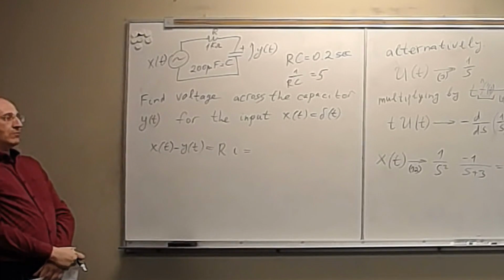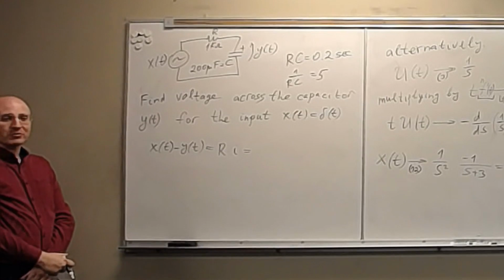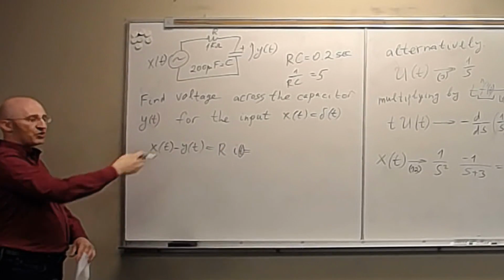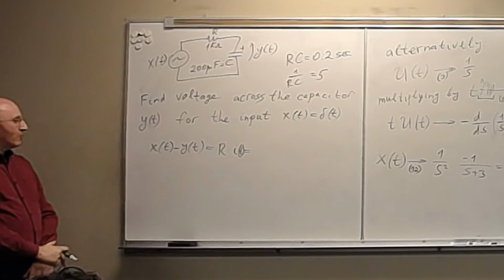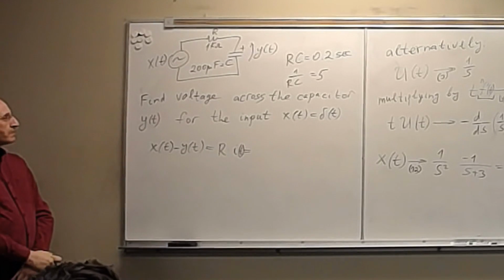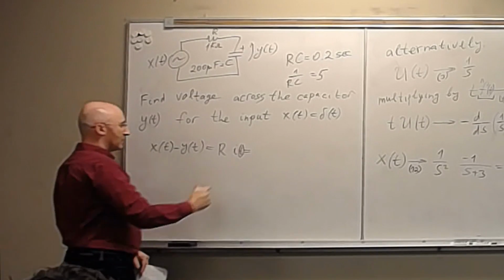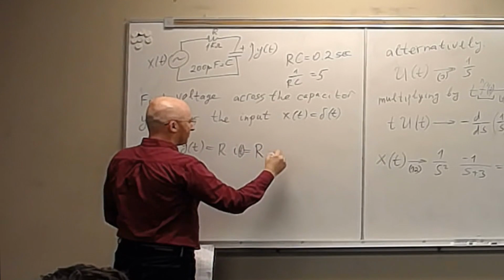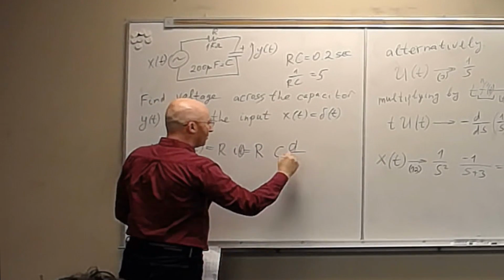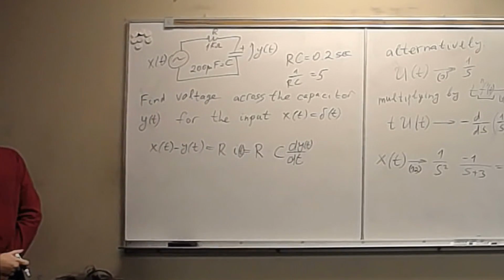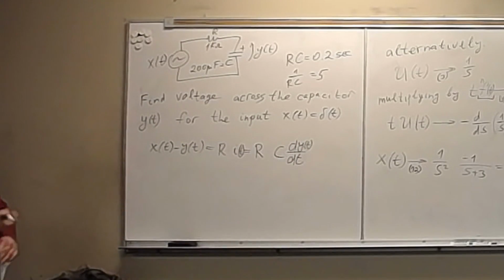It's changing, it's a function of time, I of t. All of them are functions of time, whatever they are. It's the derivative of the voltage times C. So it's R times C times d/dt of y of t. This is the current through the capacitor, and this is obviously the same current which is flowing through the resistor, right?